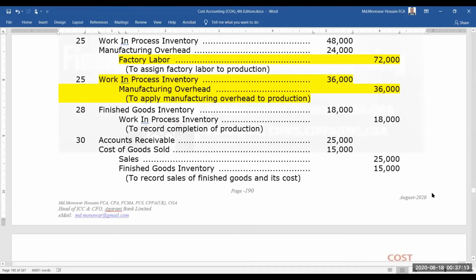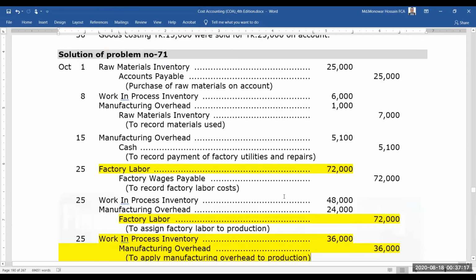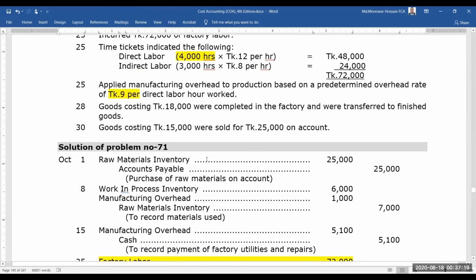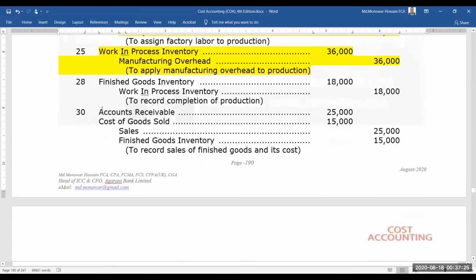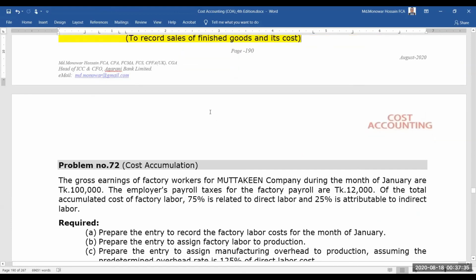And finished goods inventory 18,000, work in progress inventory 18,000. And on the 30th, goods costing 15,000 are sold for 25,000 on account. So here accounts receivable 25,000, sales 25,000, cost of goods sold 15,000, finished goods inventory 15,000. So we have recorded it through the journal.